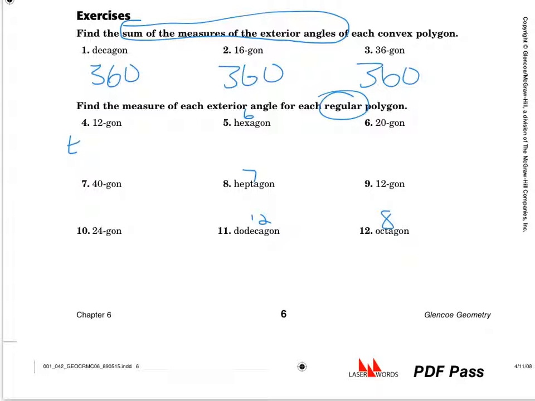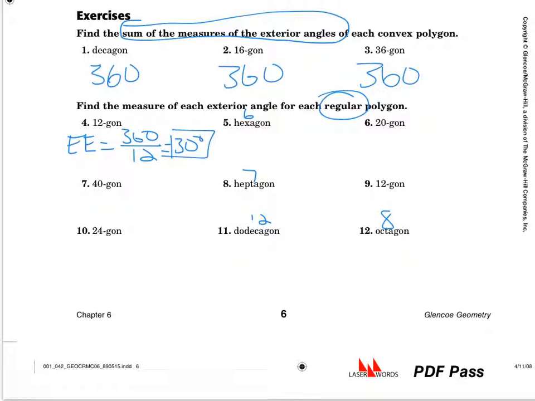So if I need to find each exterior angle, it's 360 divided by n. For this first one, n is going to be 12, because it's a 12-gon, or a dodecagon, and 360 divided by 12 is 30. So each one's going to be 30.